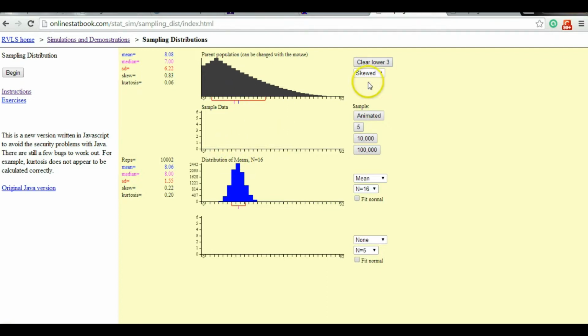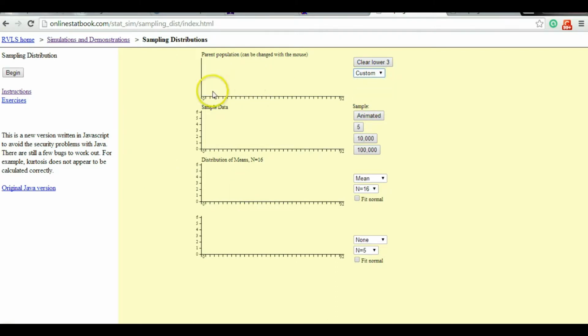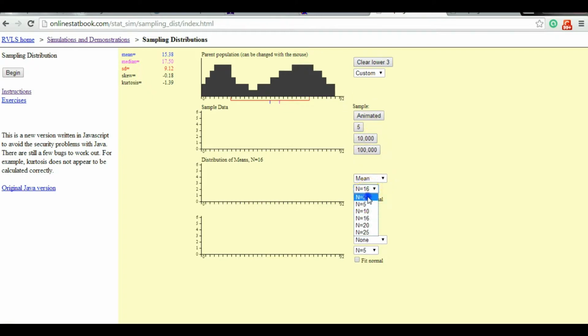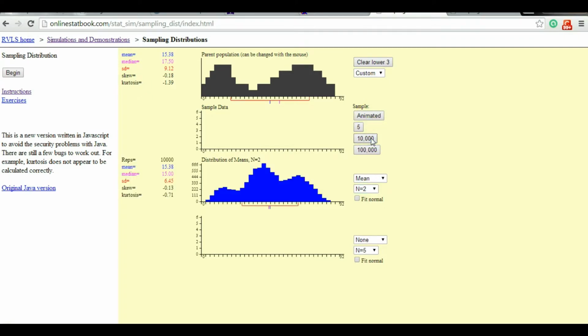I could take any distribution I want. I'm going to do this guy right here. I'm going to do bimodal. Okay, a bimodal distribution. If I take small samples, let's do 10,000 small samples. I get that.